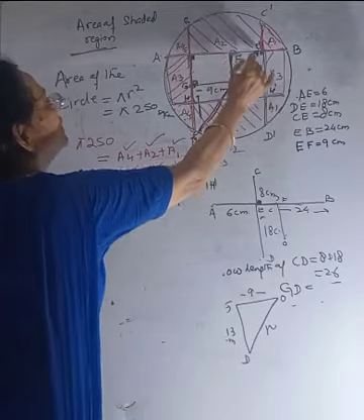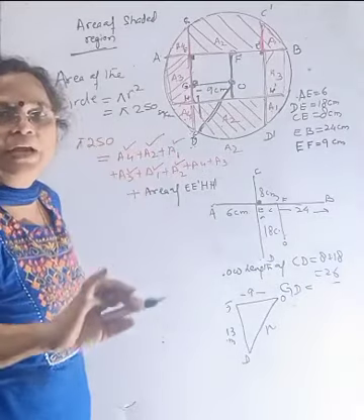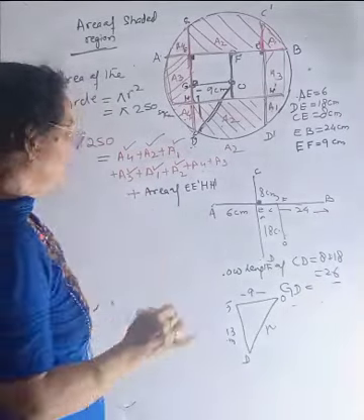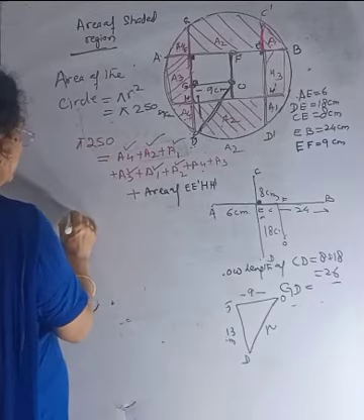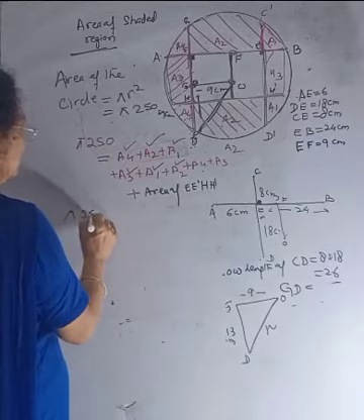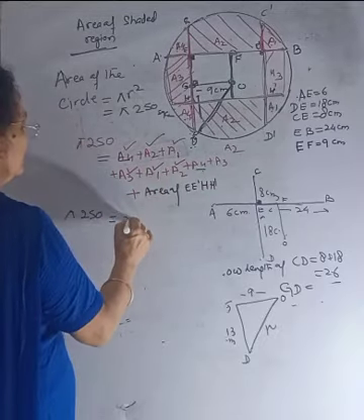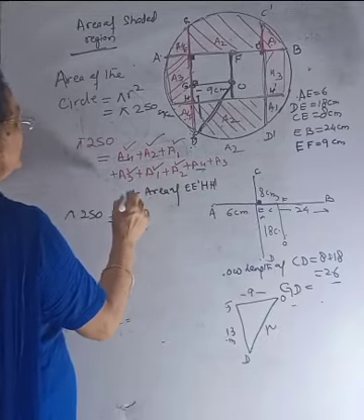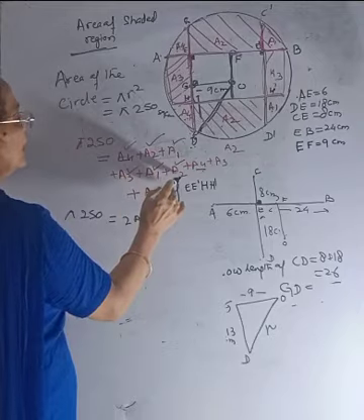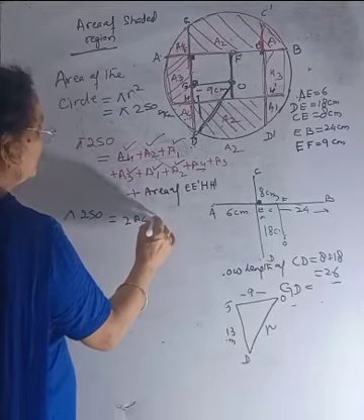If these all segments join together, we'll get the area of the circle. This can be written as pi into 250. This will be equal to, this is A4 and A4, 2 times A4. A2 and A2, 2 times A2.